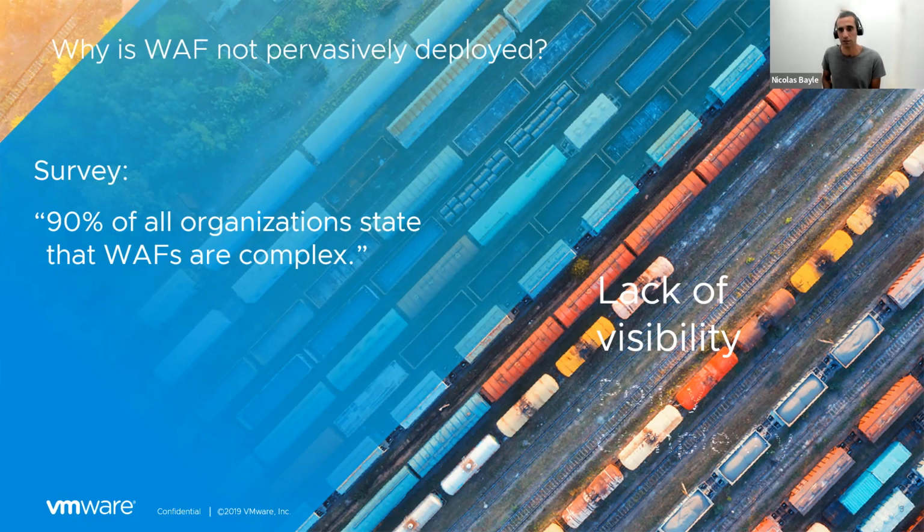We'll demonstrate this later. The second point here is the policy complexity. The problem with WAF is it's extremely complicated to configure, and also it's complicated because it depends on your application. And as a network admin, as a cloud architect, as an infrastructure person, you don't know the application.